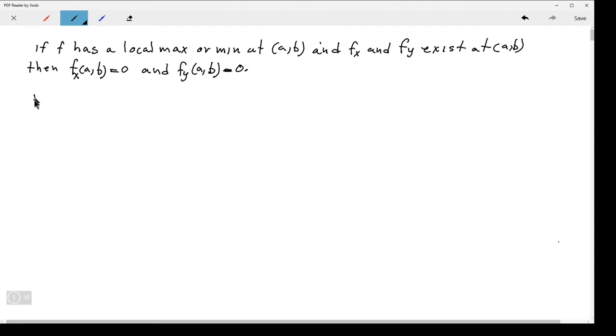So if fx of (a, b) equals fy of (a, b) equals 0, then we call (a, b) a critical point.